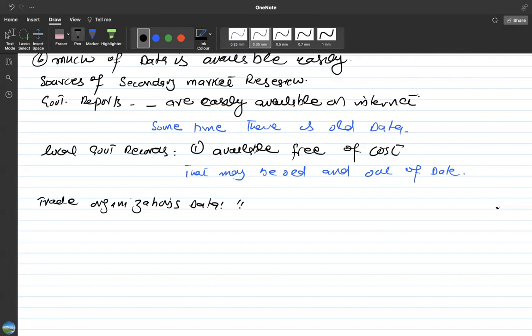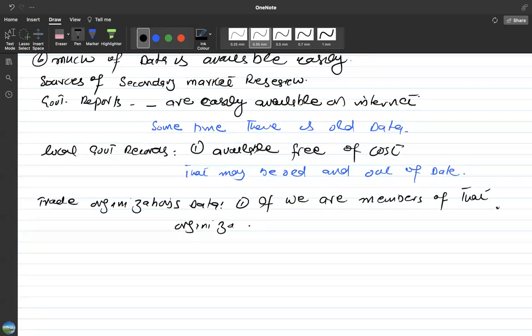If we are members of those trade unions and organizations, we can have easy access, otherwise it won't be possible. So the disadvantage is that it might not be free.